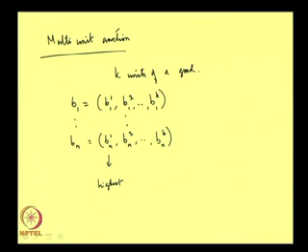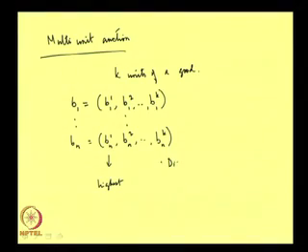However, it may happen that the price that this person is paying to the auctioneer varies according to different rules of the game. So, we are going to discuss only two rules of the game. One is what is known as discriminatory auction, and the other is what is known as uniform price auction.